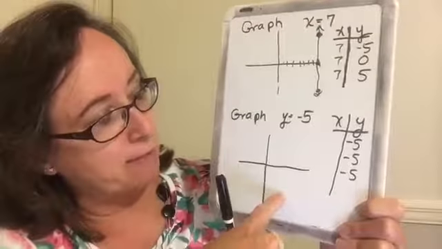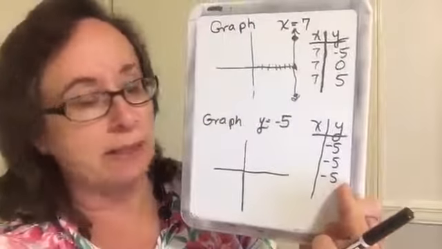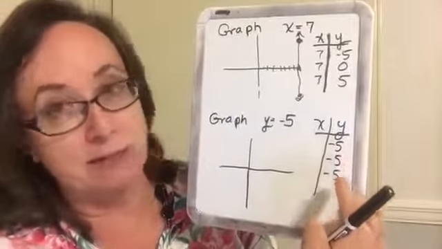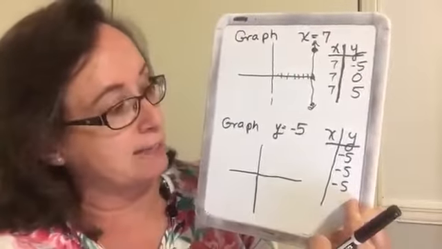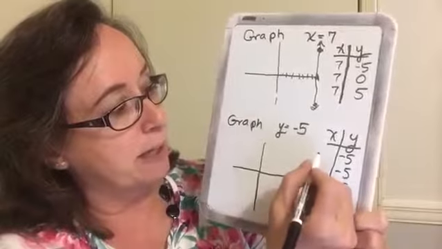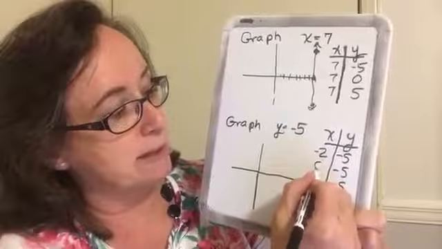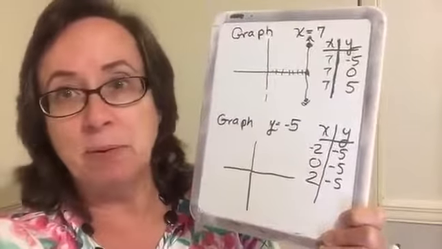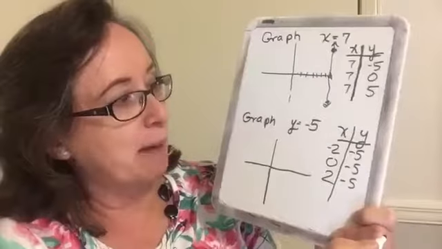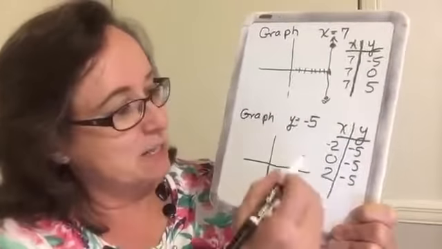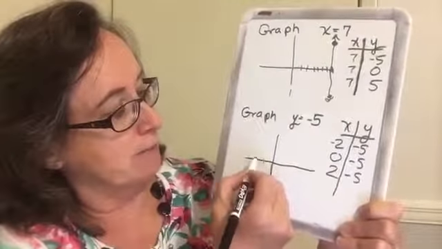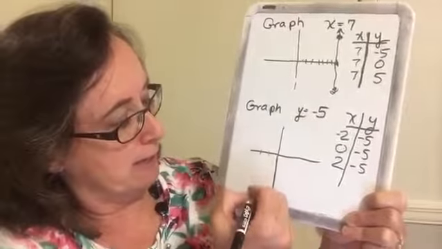Y is negative 5. So over here on our rectangular coordinate grid, we're going to put negative 5, negative 5, negative 5 for all of our Y's. And then we could put negative 2, 0, 2. Any points will do. Okay, I'm just spreading them out a little bit. So negative 2 is right here, negative 2, negative 5.